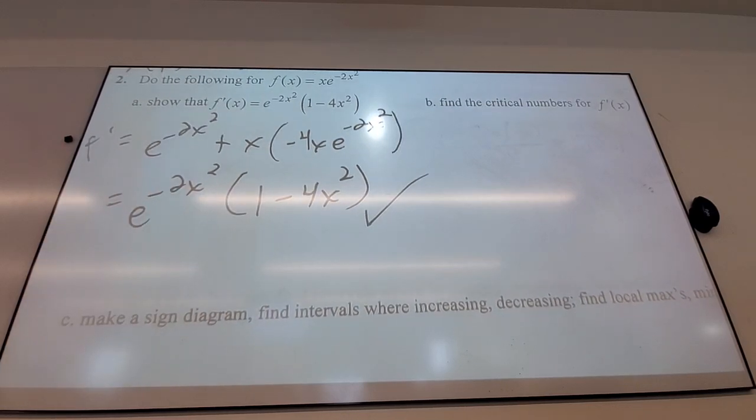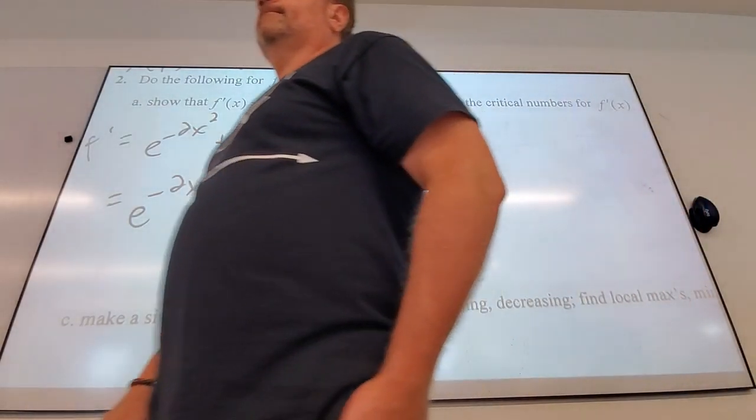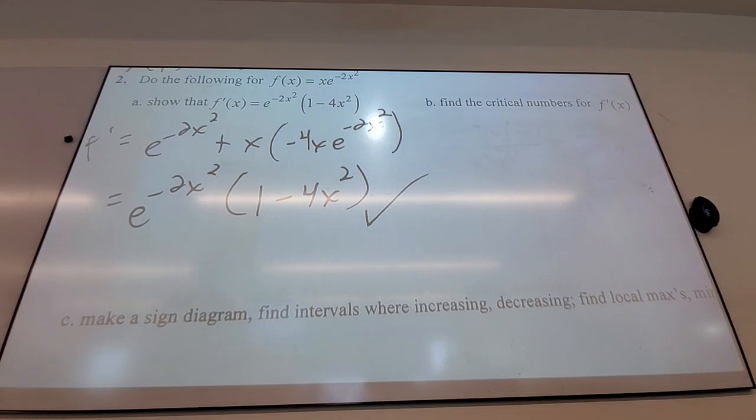Now, here comes a potentially weird question. Is it undefined anywhere? Can you trace out in the air what e to the negative 2x squared looks like? That's actually kind of a big ask. Can you make the exponent become positive?